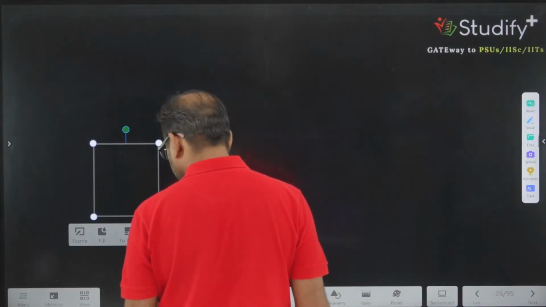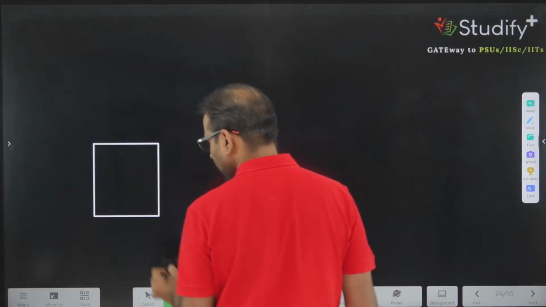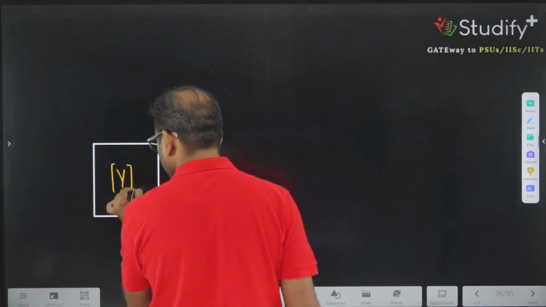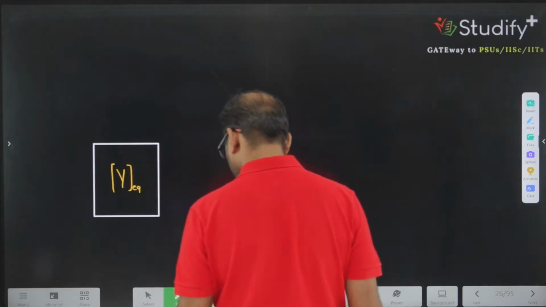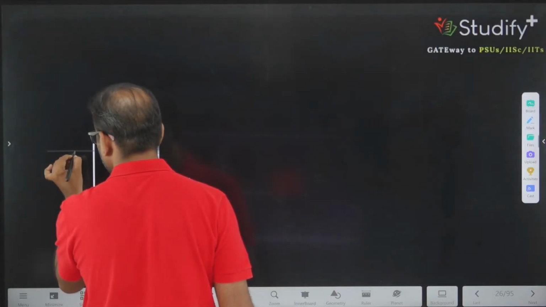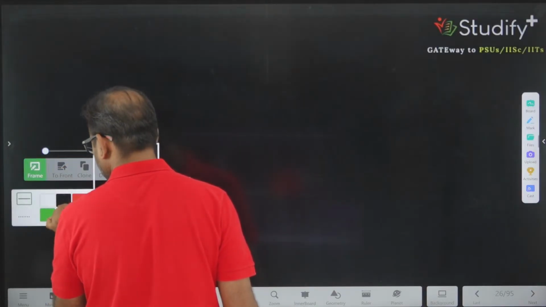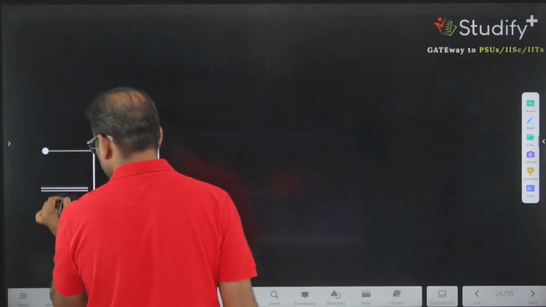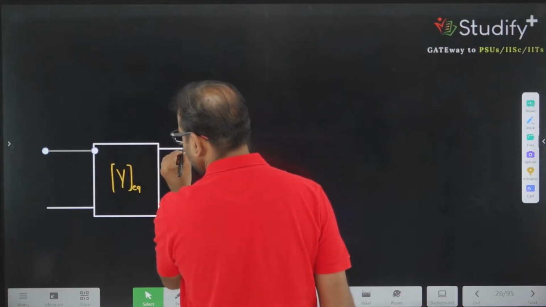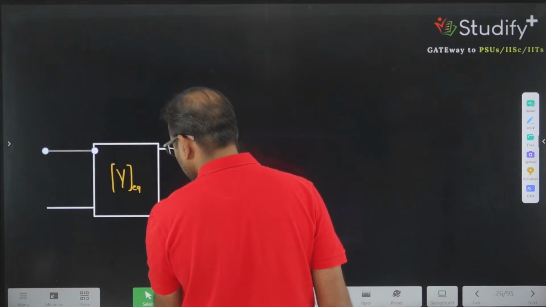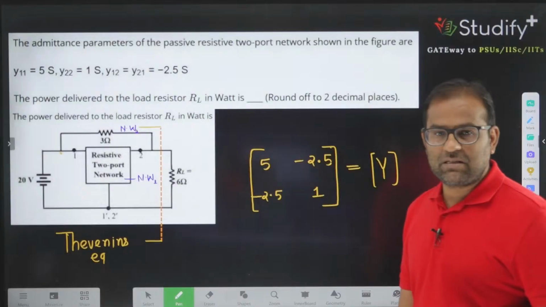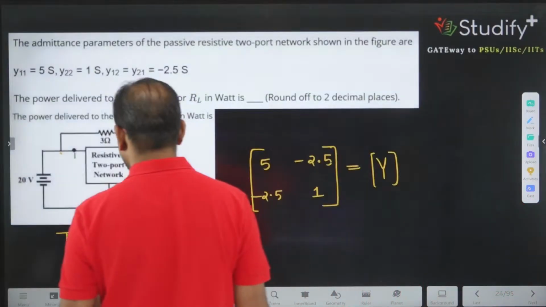This box represents the equivalent Y parameter, and here we are having the two-port. What else is given? A 20 volt source is connected at the input.